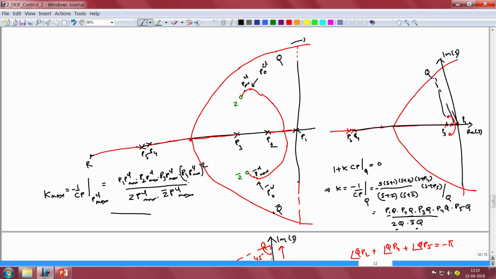The only term that was not known was (P4 PCL max) squared, and that had to be less than KQ, and KQ was essentially P1Q, P2Q, P3Q divided by ZQ times Z bar Q times P4Q times P5Q, and if P4 and P5 are coincident poles, these two terms will simply be equal to (P4Q) squared.